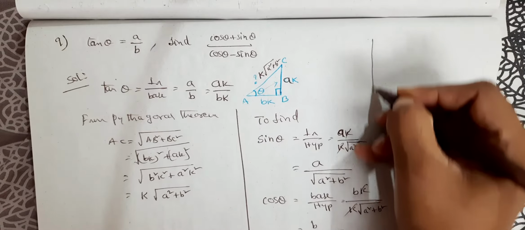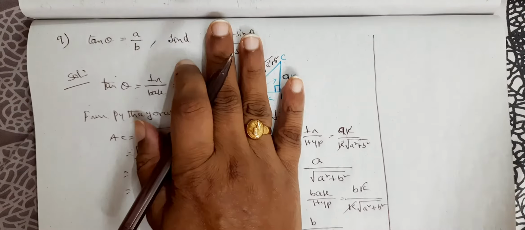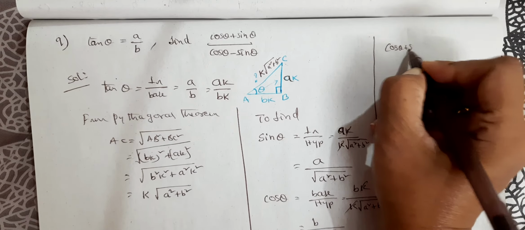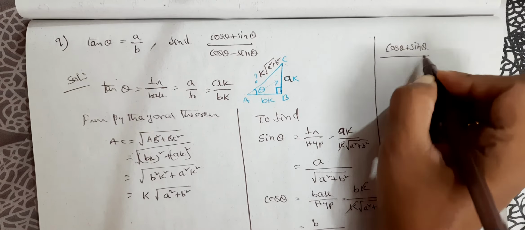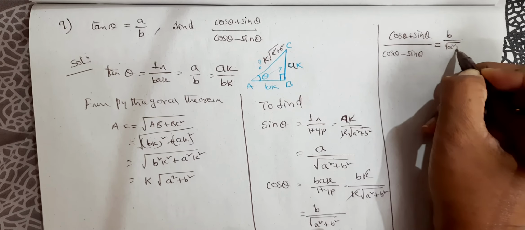So now we are ready with sin and cos values. Now let us evaluate cos theta plus sin theta by cos theta minus sin theta. Now substitute the cos value. What is cos? B by root of A square plus B square.